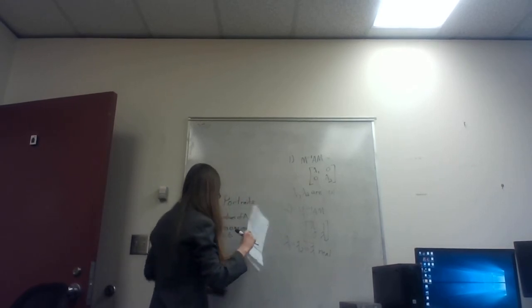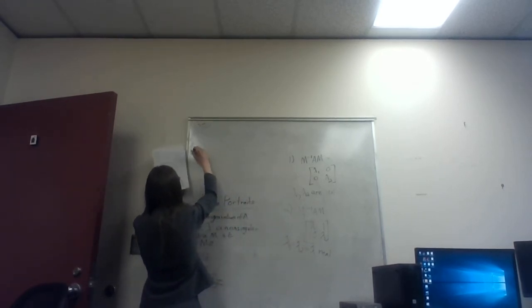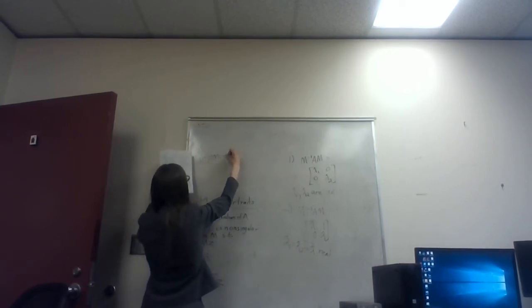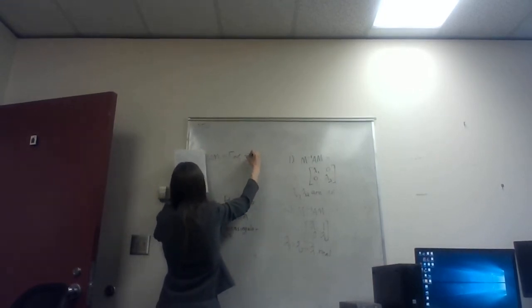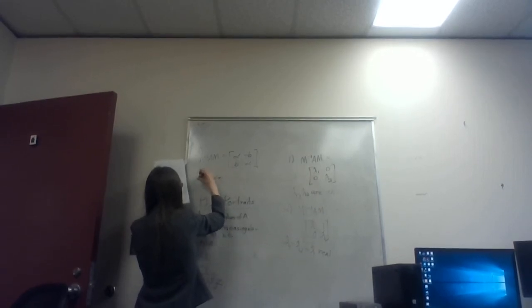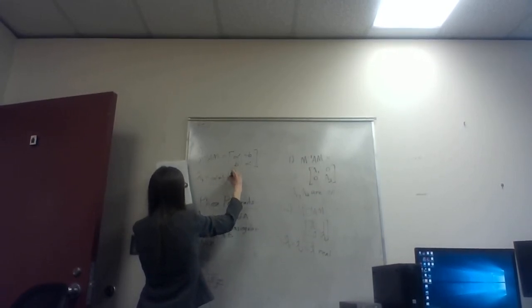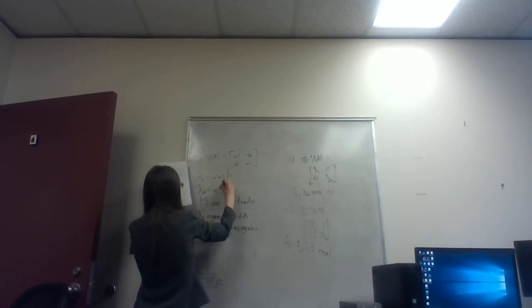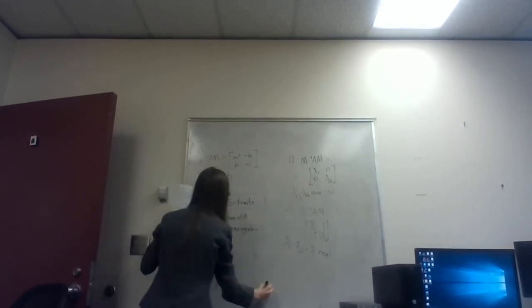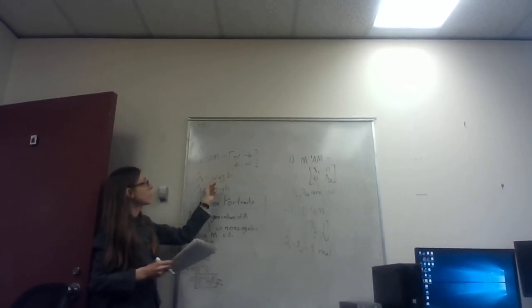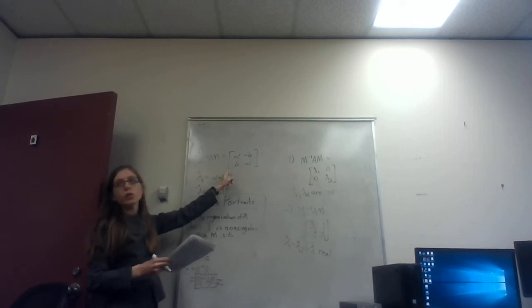And the third structure that can come up depending on the original form of A is M inverse AM equals alpha, negative B, B, alpha. This is in a case where lambda 1 is equal to alpha plus J B, where J here means imaginary number. Sometimes people write I, sometimes people write J. And then this is alpha minus J B. So this is in the case that the eigenvalues are complex.